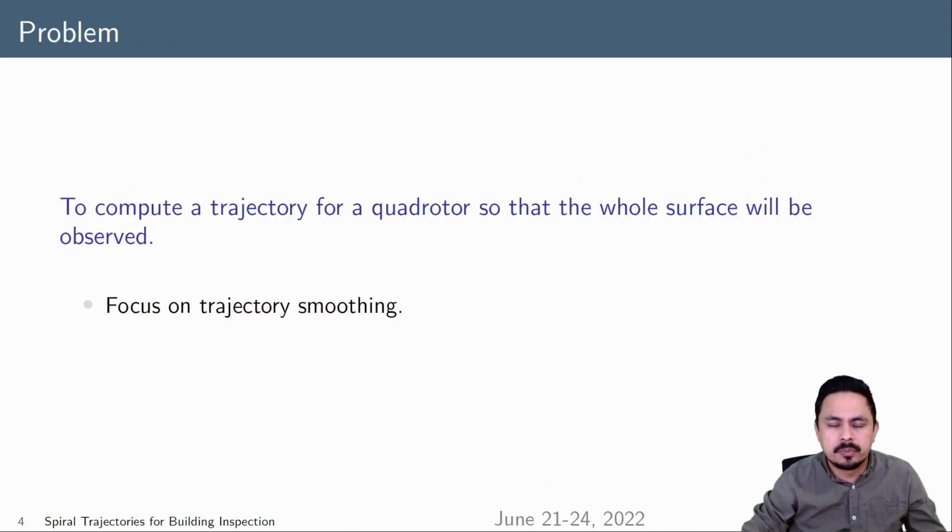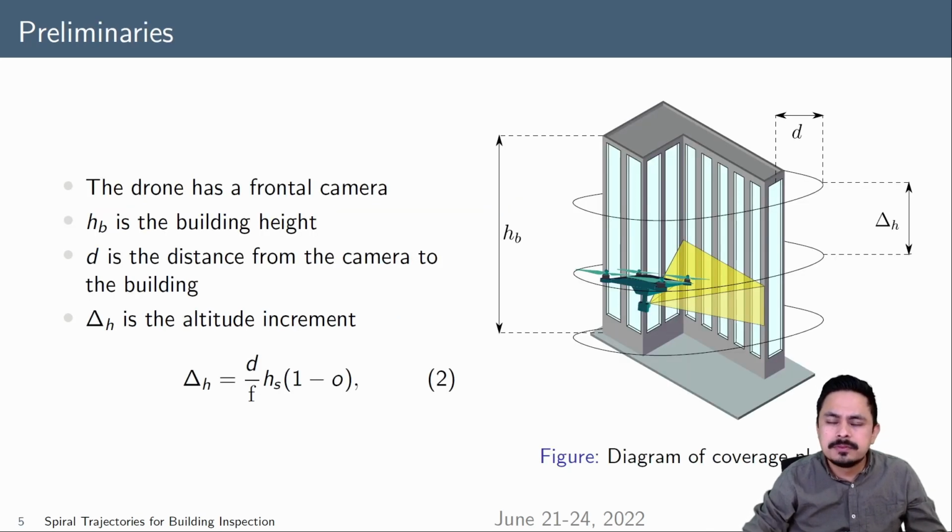Then our problem is to compute a trajectory for a quadrotor so that the whole surface of this representation will be completely observed. In particular, we are focusing on computing smooth trajectories for the quadrotor. There is some information that has to be included in this method.